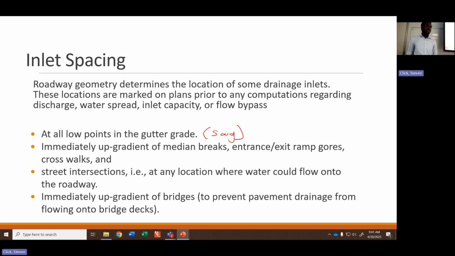You have to always place an inlet there. And these are some of the areas. The street intersections are very important. You want to intercept any water that will likely get into the intersection. You want your intersections to be free of water as much as possible to help the drivers make safe turns.